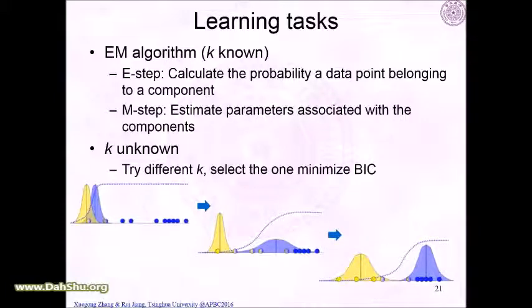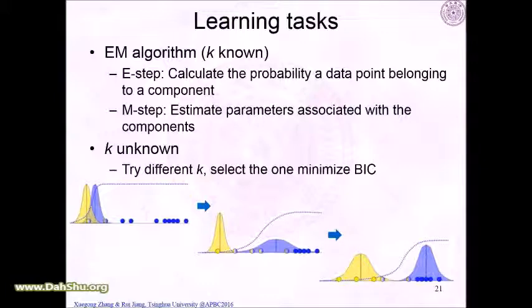This picture illustrates how it works. Suppose initially we have a random assignment of each sample to each cluster. Based on this random assignment, we get the two distributions like this, which is very poor. We cannot discriminate the two clusters, and this is the discriminant curve.